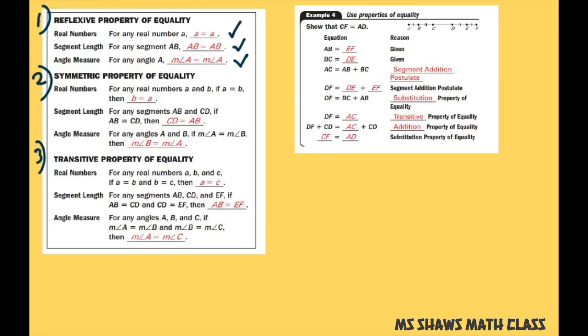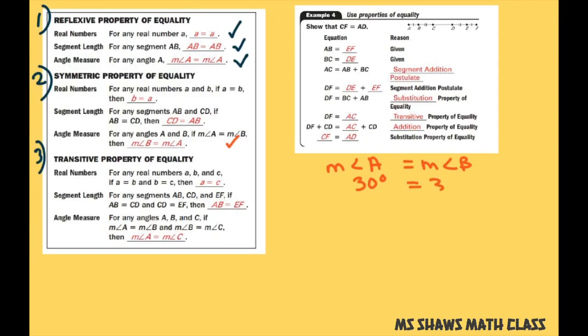So if the measure of angle A is 30 degrees, and that equals the measure of angle B, then you can switch that around.